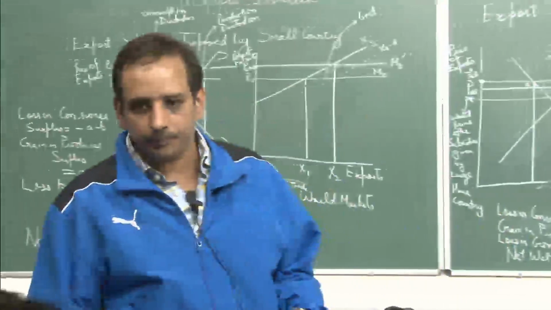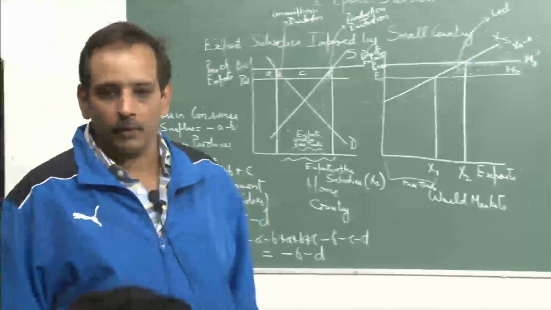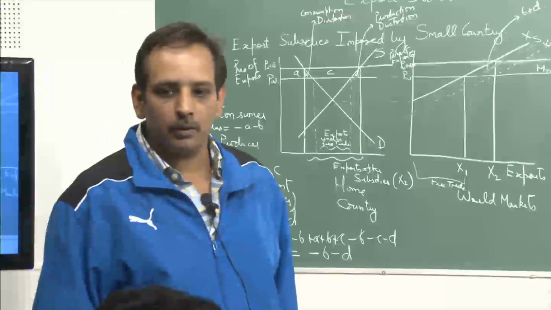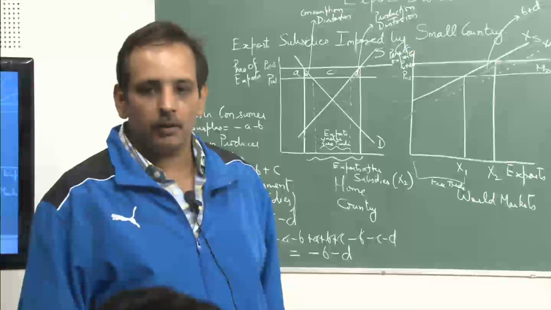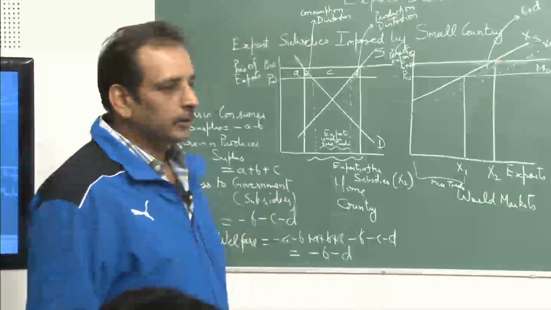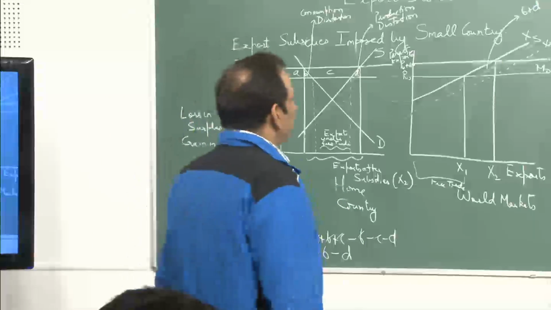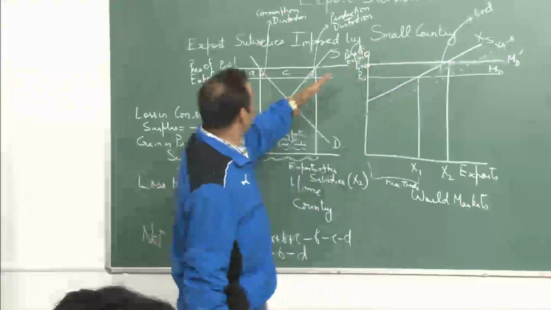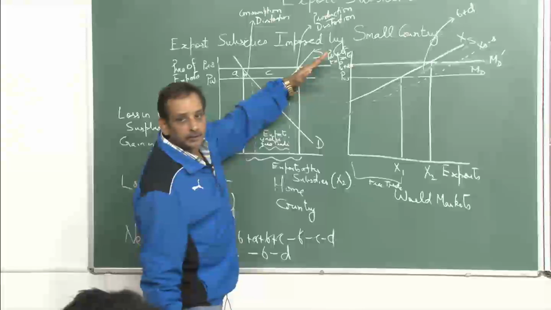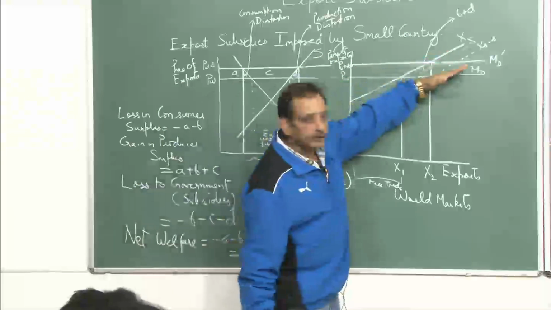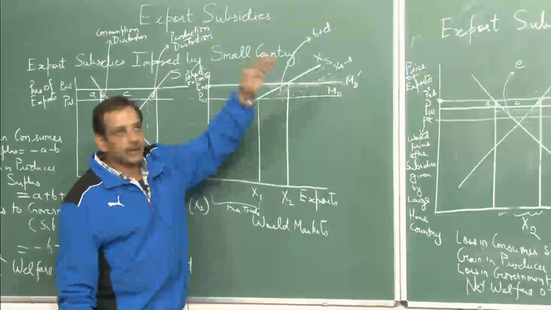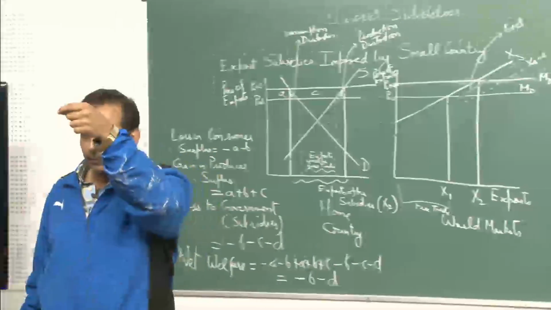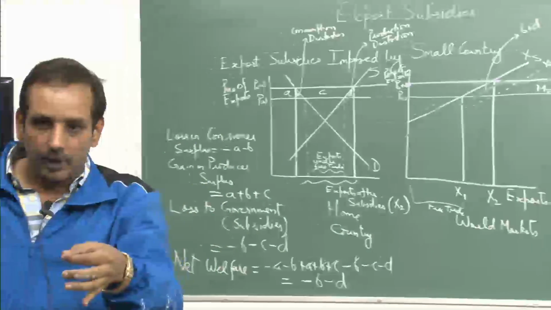So with this production subsidy, the domestic price should decrease while the price charged remains at PW. If there is competition in the domestic market, the producers can even charge less and still be in profit. Yes, that is so. This is the case of a small country. If it were a large country, the supply curve shifts right, and the export supply curve shifts downwards, right? And if you have a downward sloping import demand curve, the world prices will come down.